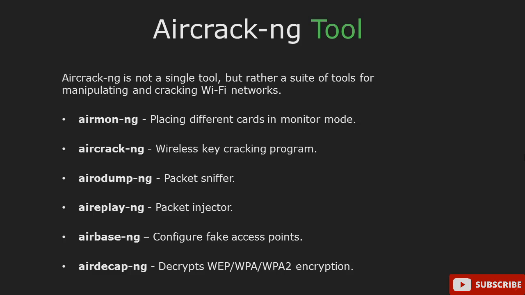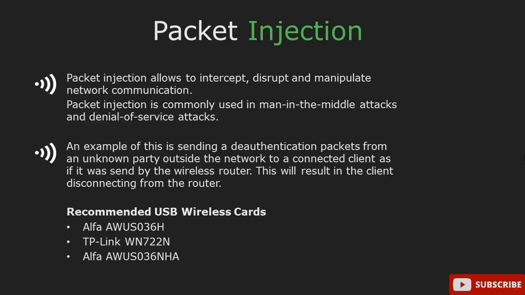Now let's see what packet injection is. Packet injection allows you to intercept and manipulate network communication. A good example is sending deauth packets to a network client and disconnecting him from the router. To really be effective at wireless hacking, you need a wireless adapter that is capable of packet injection and monitor mode.